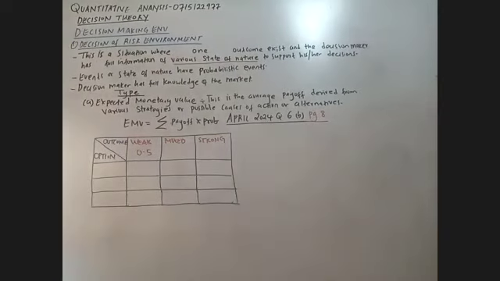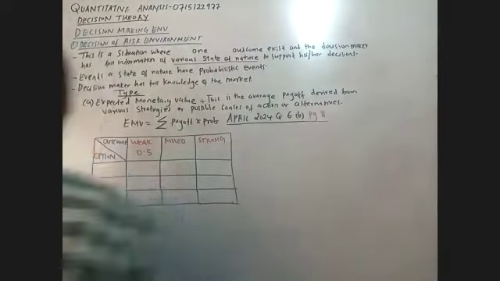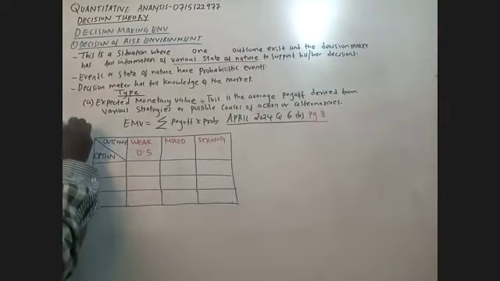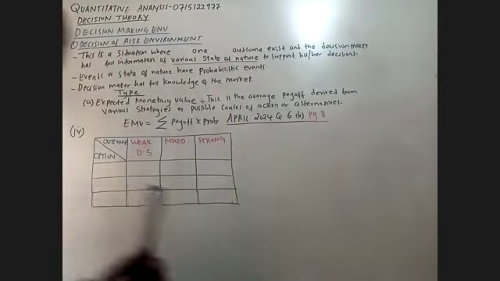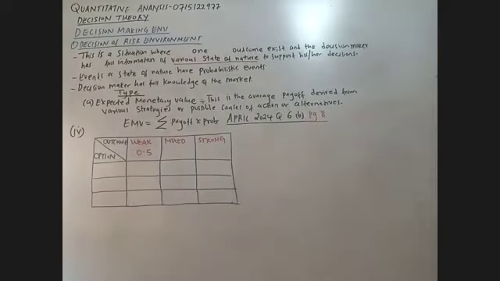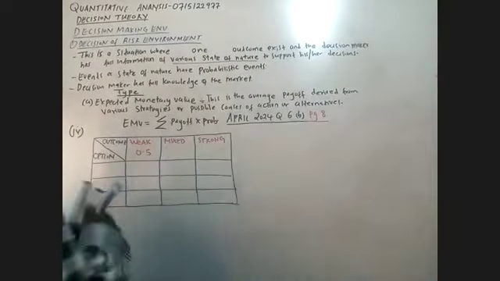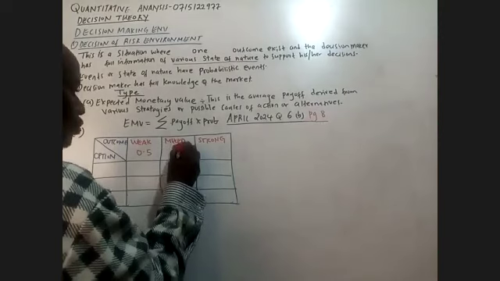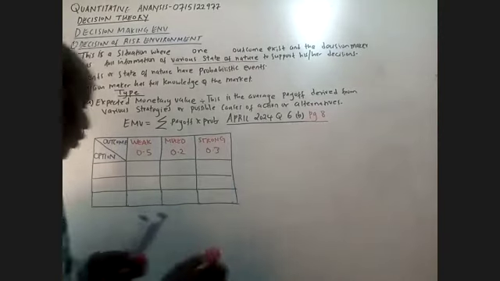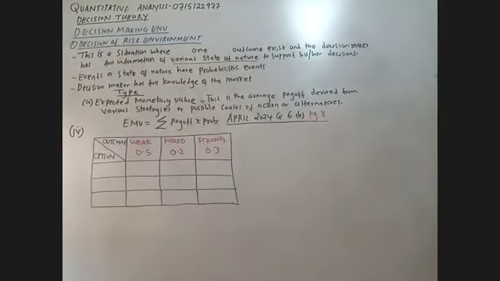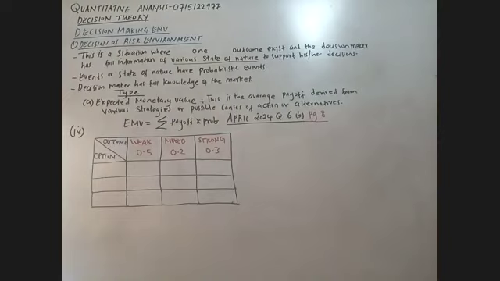We are doing part 4, because they are asking from EMV. So 0.5, 0.2 and 0.3. The options are Nairobi, Nakuru and Nanyuki.